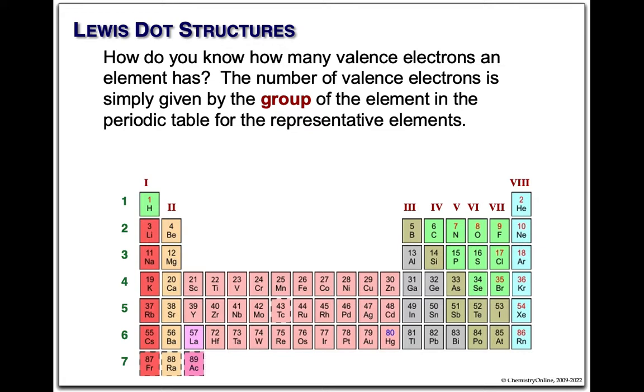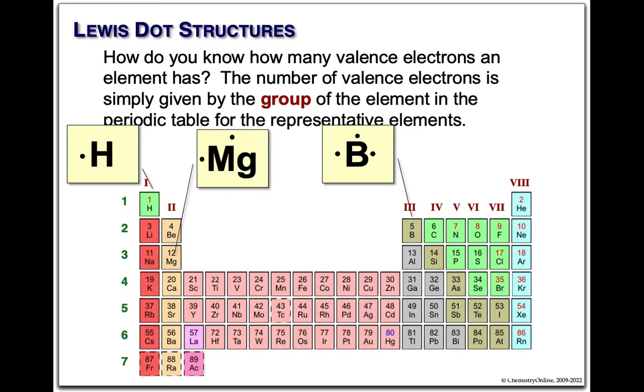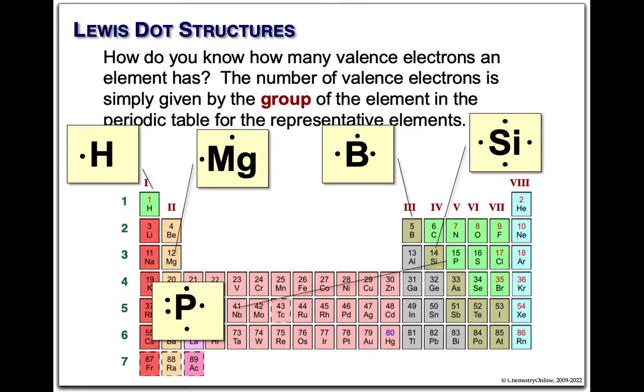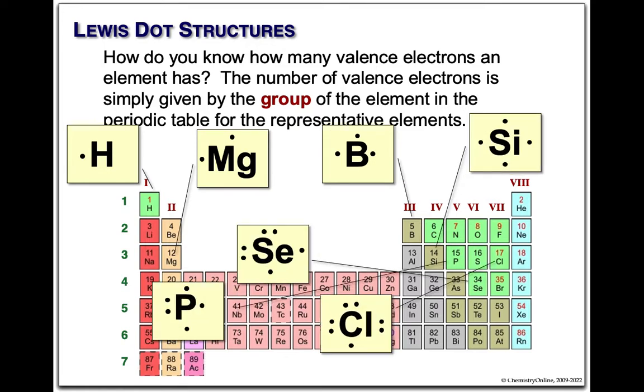Well, the reason that we just do the representative elements here in our groups is that this corresponds directly to the number of valence electrons. Group 1, 1, 2, 3, 4, 5, 6, and 7. In group 8, we have the inert gases. They have a complete set of 8 valence electrons. Remember, the inert gases are very, very unreactive.